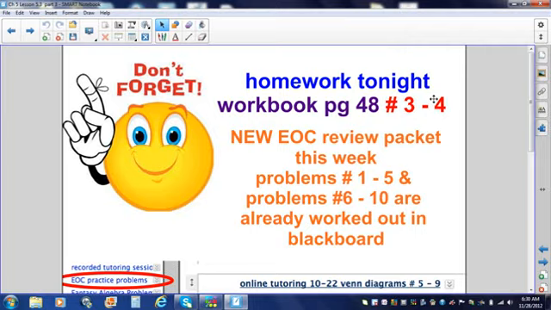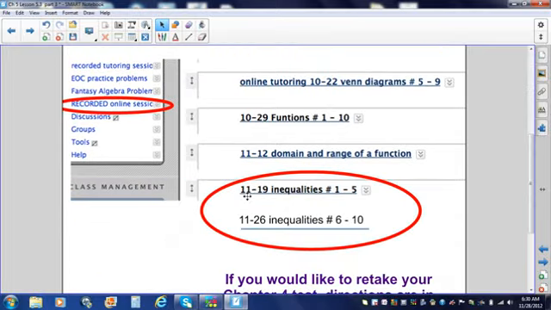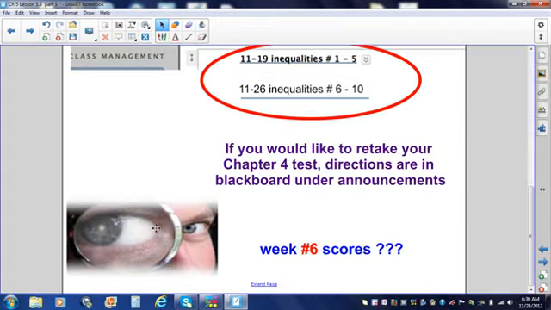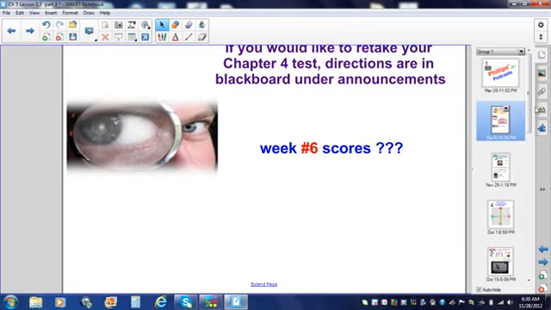Problems 1 through 5 and problems 6 through 10 are already worked out for you in Blackboard. Just log into Blackboard and go to the recorded online session, under the dates of November 19th and November 26th. Your packet's due to me next Monday. Directions for retaking Chapter 4 tests are also in Blackboard under announcements, and we are still keeping an eye out on the Week 6 scores.